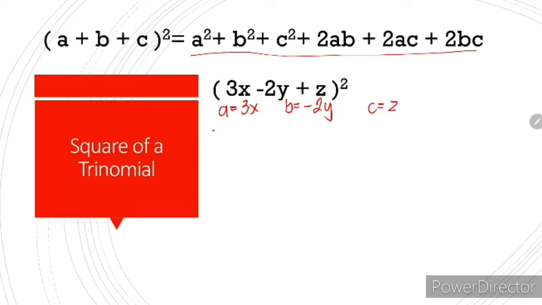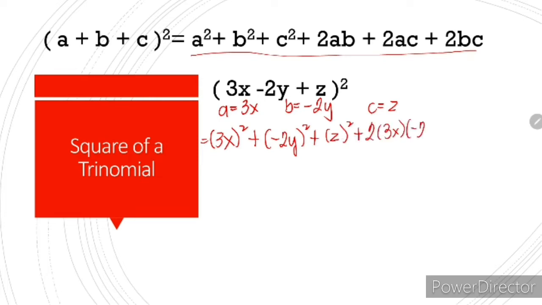So, we have a squared, which is (3x) squared plus b squared is (negative 2y) squared plus c squared, so z squared plus 2ab, so 3x times negative 2y plus 2ac, so 2 times 3x times z plus 2bc, so 2 times negative 2y times z.